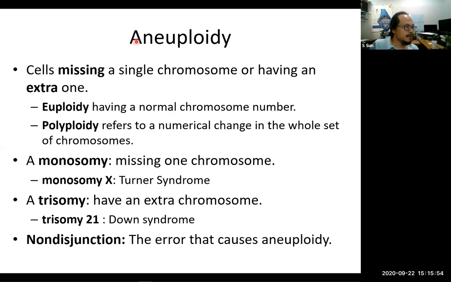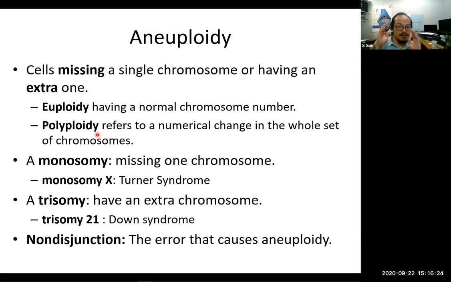So aneuploidy is the term to describe that the number of chromosomes is not normal. It could be missing or have one extra. A related term is euploidy, which refers to the normal set. Everything is normal. Polyploidy is where we have not just one more, we have a whole extra set.